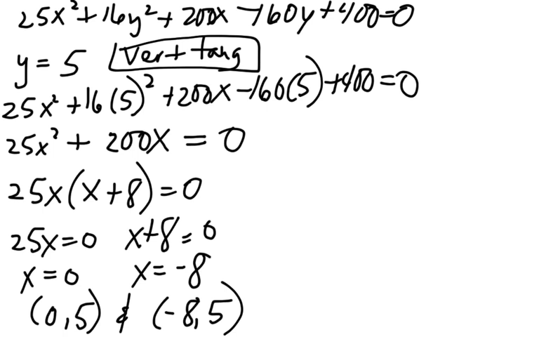Now I need to find the horizontal ones. So for the horizontal, x equals negative 4.